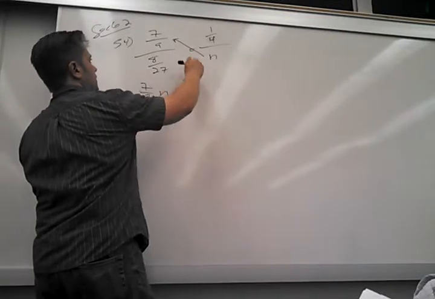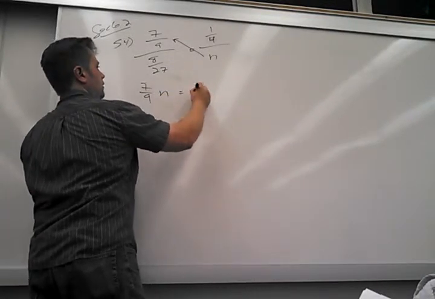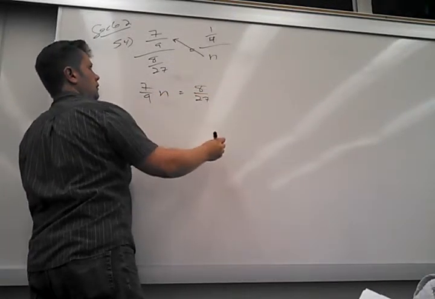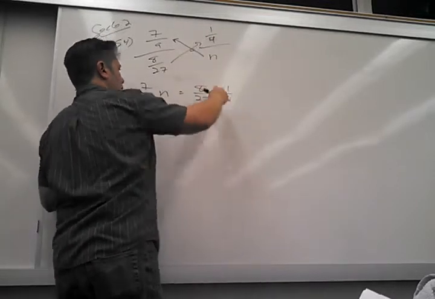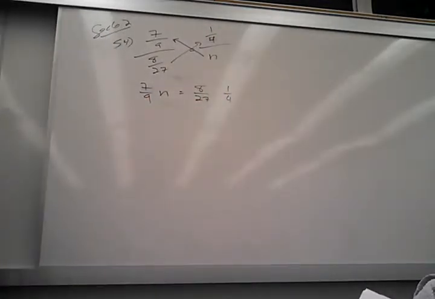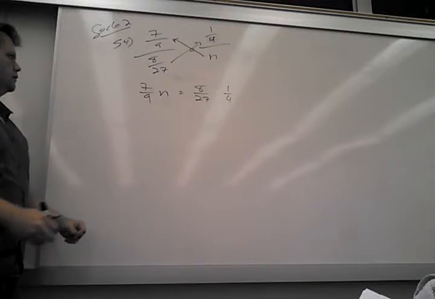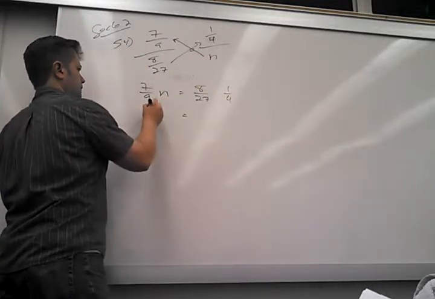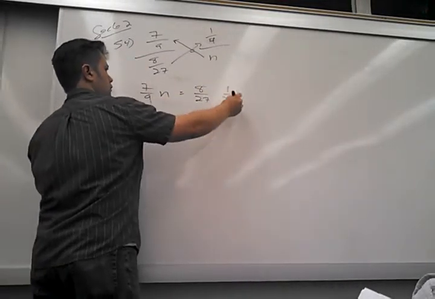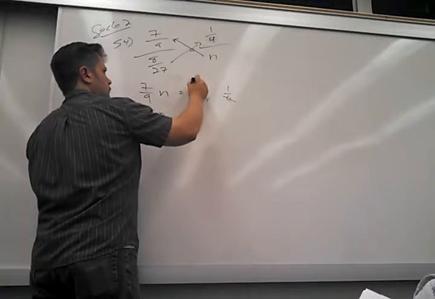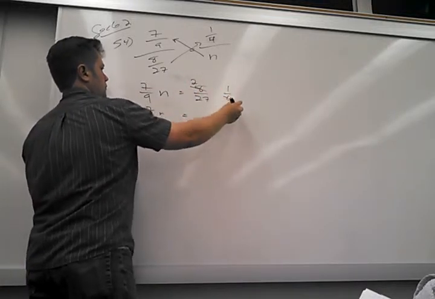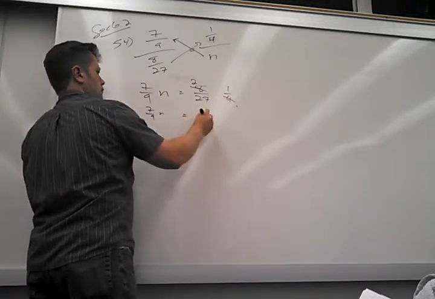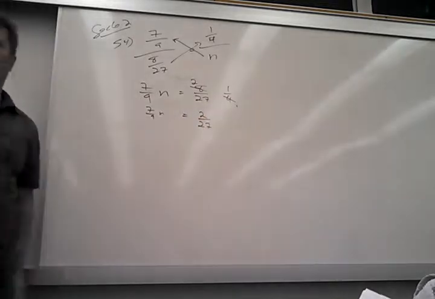And what do I get on the other side again? Good. Times 1/4. And now I do the work on the next step. So what happens on this side? Yeah, 4 goes into 8 twice. So I get 2 over 27.